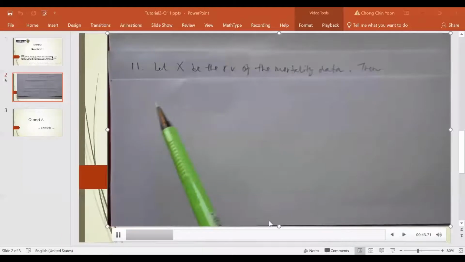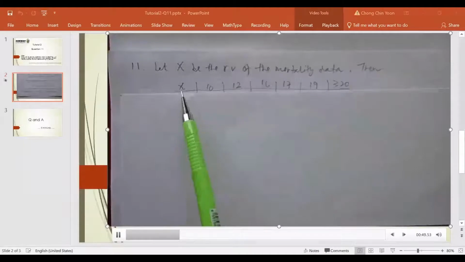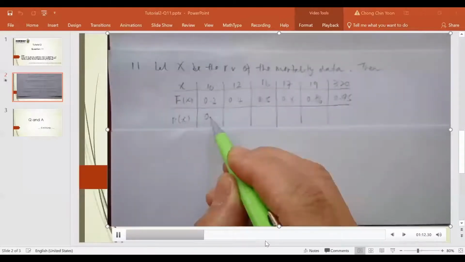Number 11, let x be the random variable of the mortality data. Then the mortality data x is given by this, from 10 to 20 or more than 20. Based on this empirical distribution function, we can calculate the empirical probabilities for each data. For data 10, the probability is 0.2.